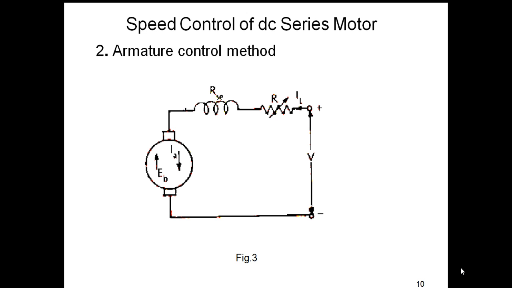Here a rheostat is connected in series with the circuit, and EB is the back EMF generated in the armature, and IA is the armature current, and RSC is the series field winding resistance, and IL is the load current, and V is the applied voltage.